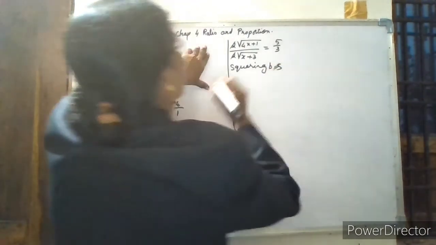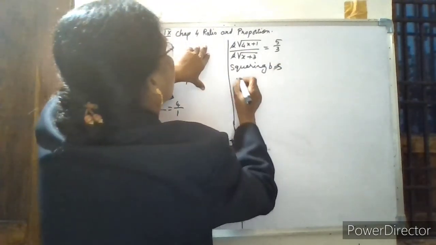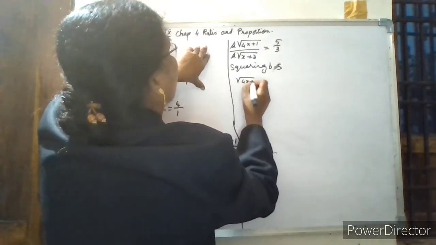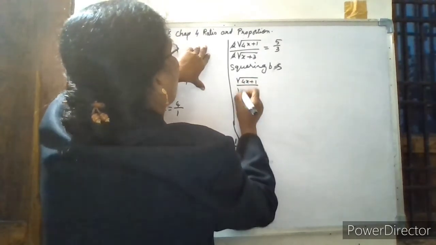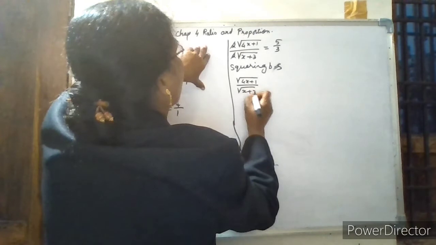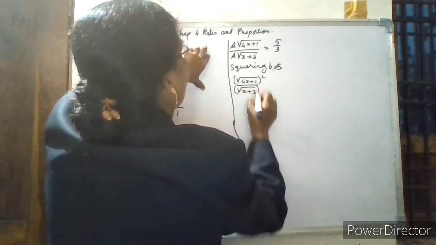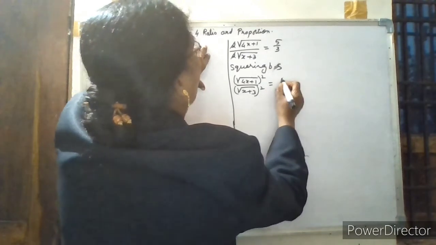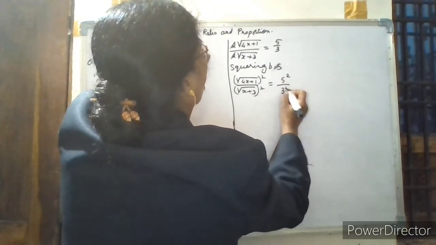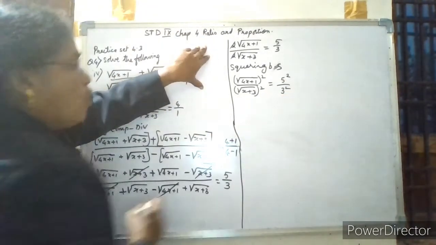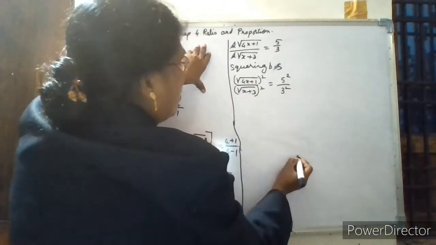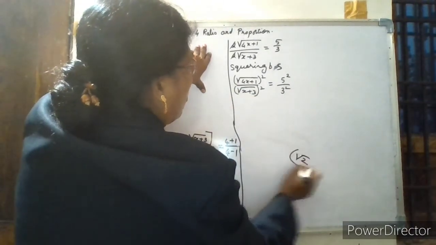Squaring both the sides, we get root of 4x plus 1 upon root of x plus 3, this whole raised to square, equal to 5 square upon 3 square. Now, as you have seen, root of 2 the whole square is equal to 2.